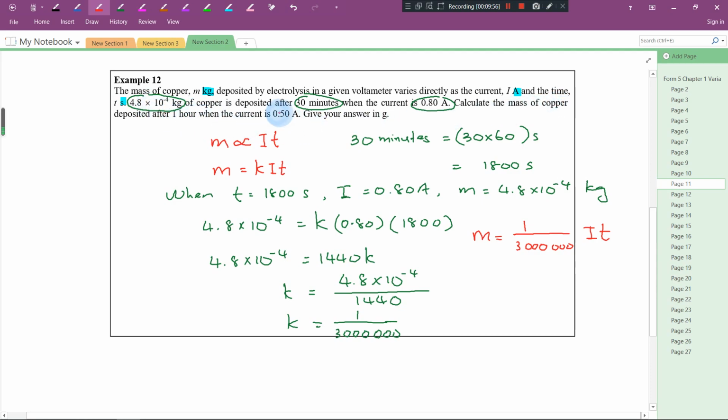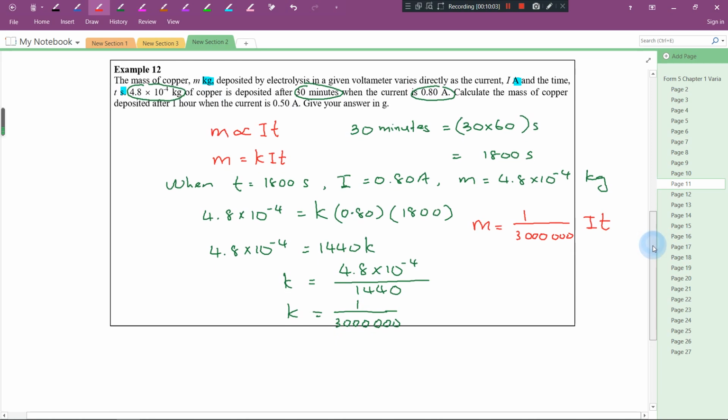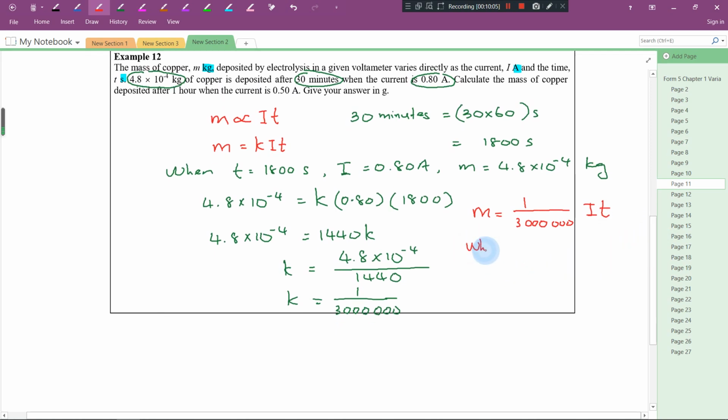This is 1 hour, and we have to change to second, right? When t is equal to 1 hour, if you want to change to second, you have to times 60 twice, right? So it's equal to 3600 second.